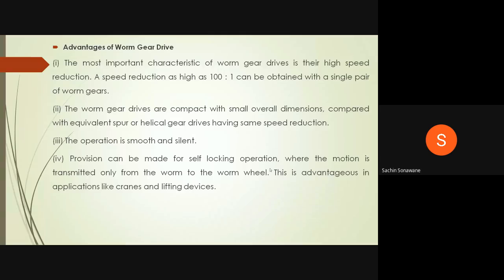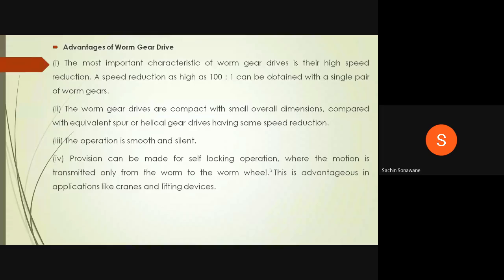Advantages of worm gear drive. First, the most important characteristic of worm gear drives is their high speed reduction. A speed reduction as high as 100 to 1 can be obtained with a single pair of worm gears.